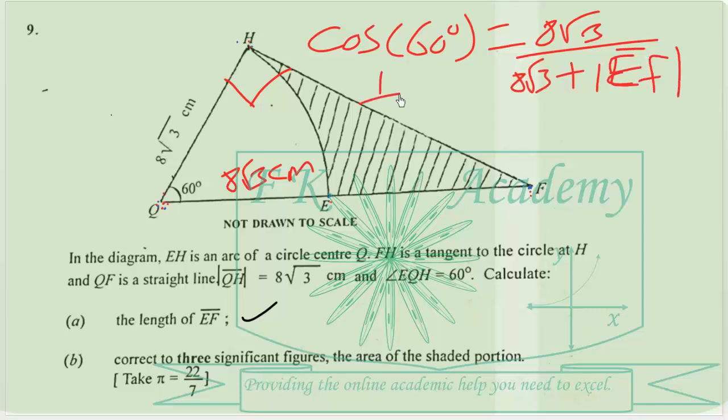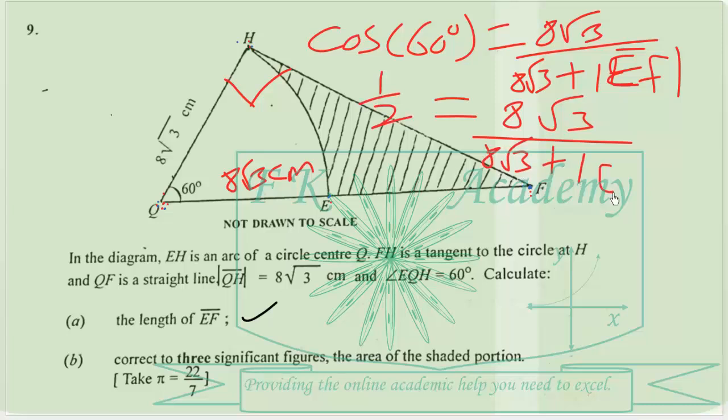So cos 60 is 1/2, and that is equal to 8√3 over 8√3 plus line segment EF, the modulus or the magnitude.